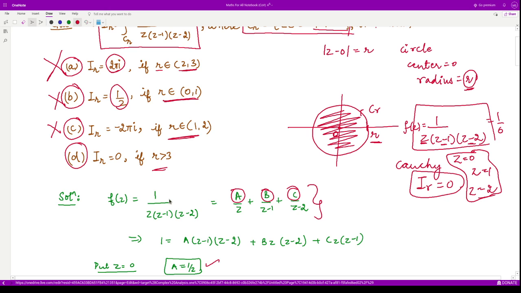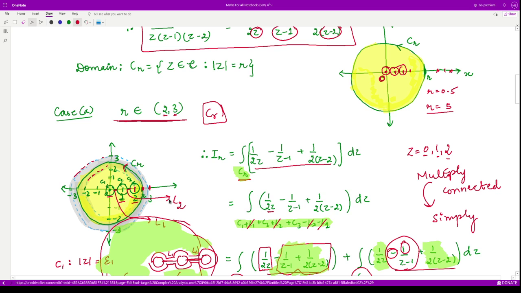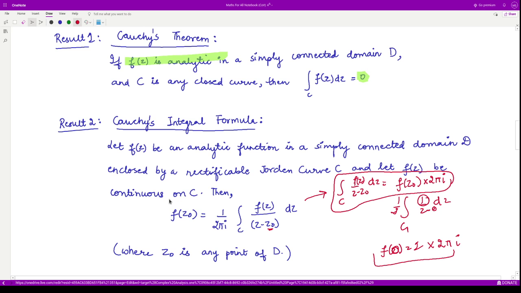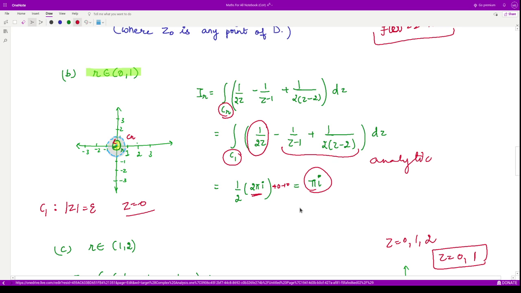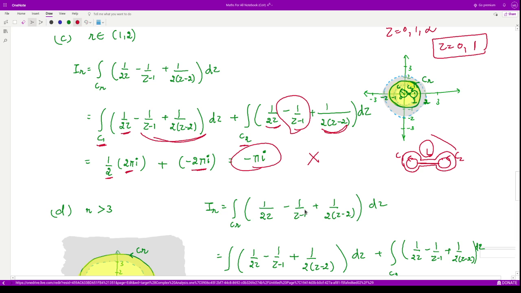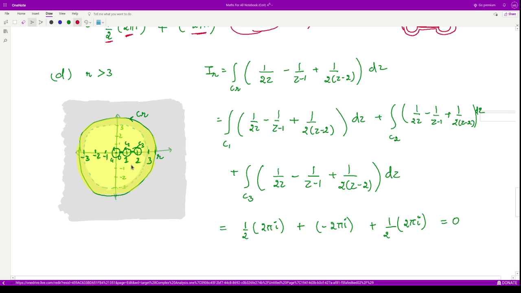And let us see the last part. It should be equal to 0 when R is greater than 3. So when R is greater than 3, R can take any value after 3, right? So it could go anywhere. I have assumed R to be here.